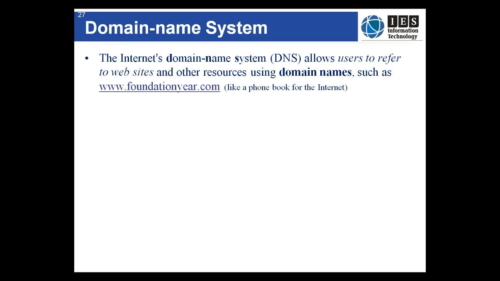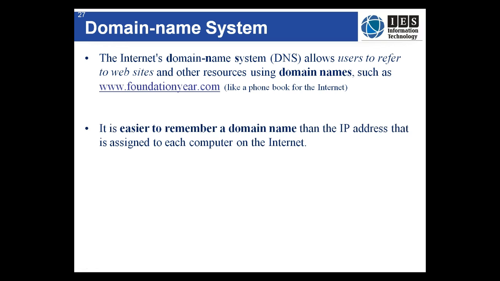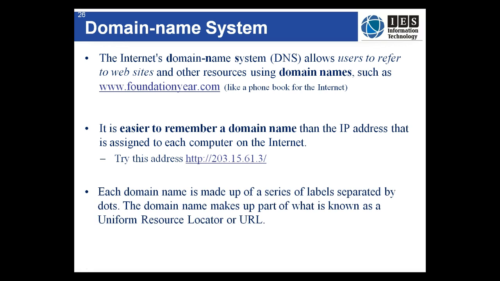Therefore, when we type in, say, www.foundationu.com into an internet browser, the DNS server tells TCP/IP to send the data to the IP address 203.15.61.3.